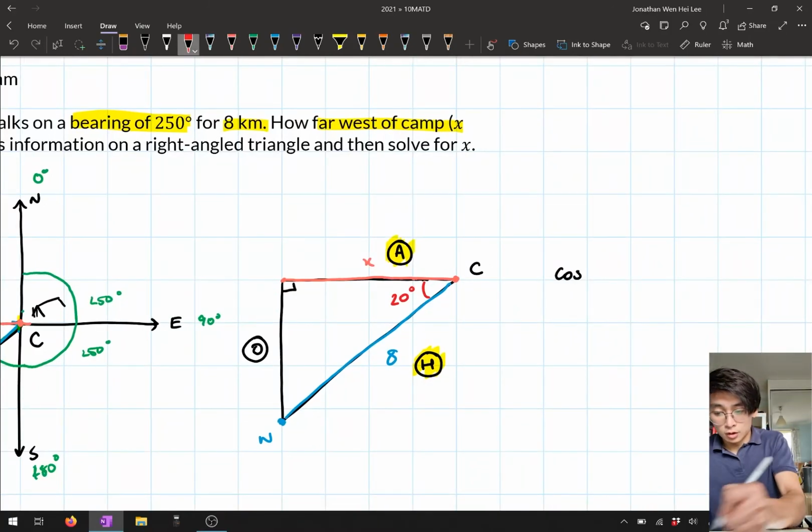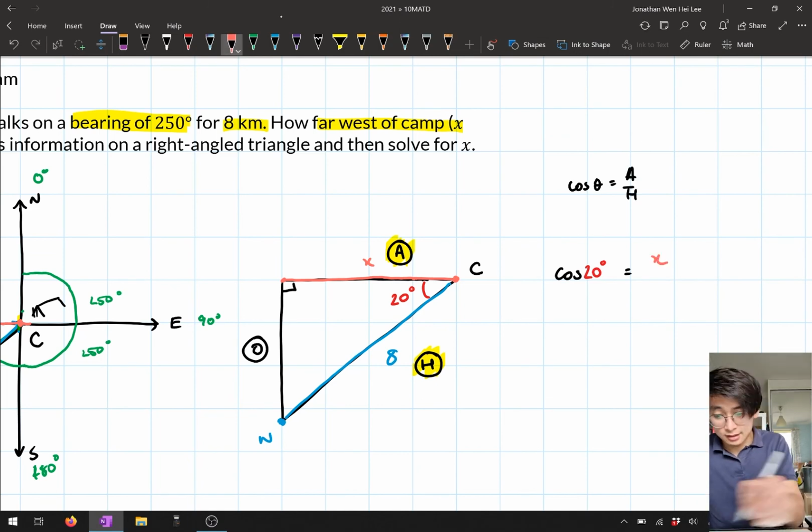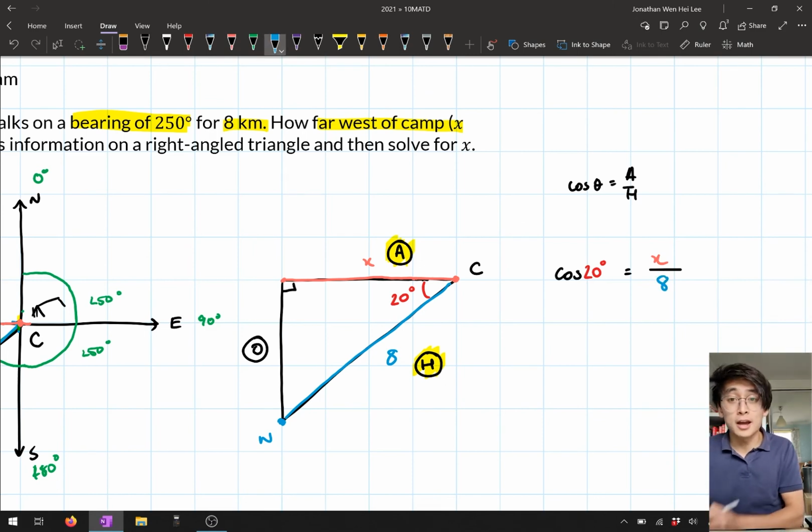Cos 20 degrees equals adjacent over hypotenuse, so cos is equal to A over H. Here this is x over 8, because my adjacent side is x and my hypotenuse is 8.